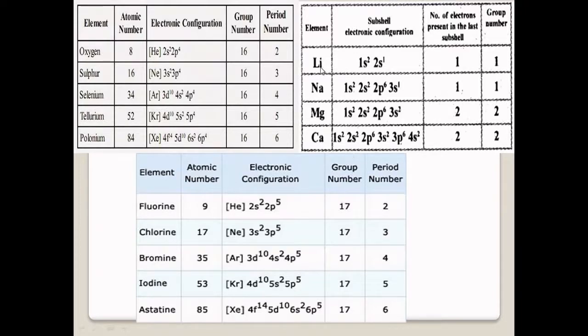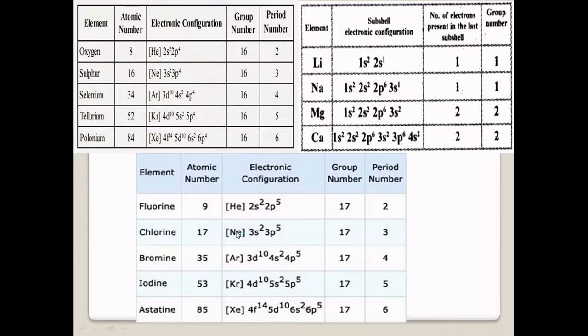Let's see another example, that is lithium, sodium, magnesium and calcium. Lithium and sodium are first group elements which have only one electron in the last shell, so it is group number 1. Whereas magnesium and calcium have 2 electrons in the outermost shell, so they have group number 2.